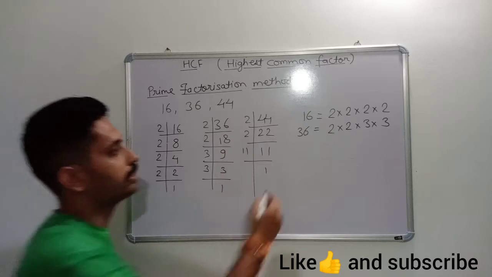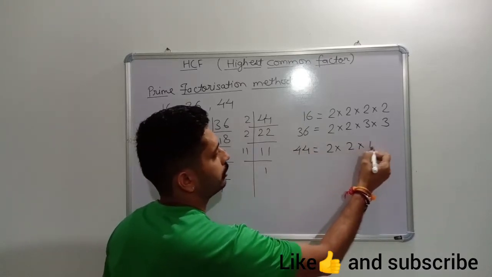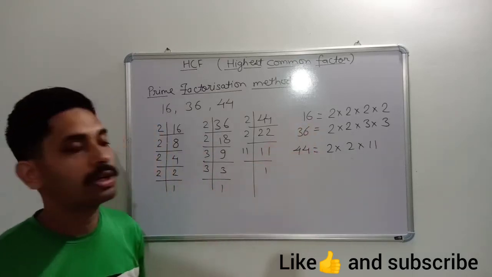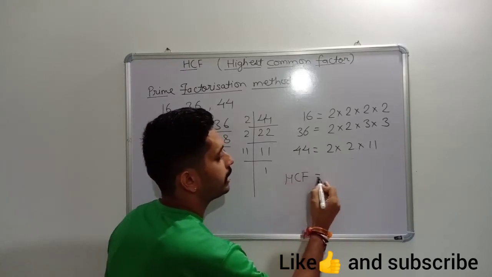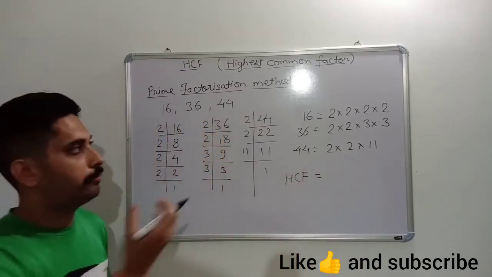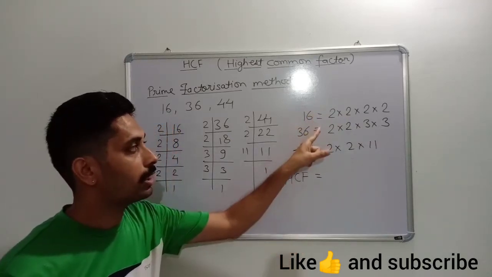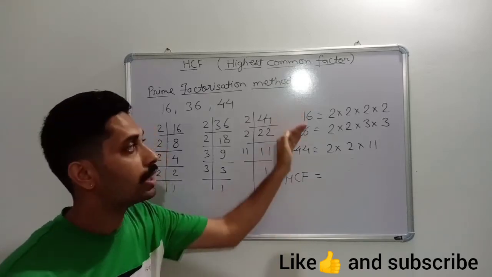After that the prime factors of 44: 2 multiplied by 2 multiplied by 11. So these are the prime factors of 16, 36 and 44. Now to find the HCF, HCF find करने की क्या करेंगे? Find out the factor that is common in all the three numbers. ऐसा हमें factors find करना है जो तीनों में common हो.